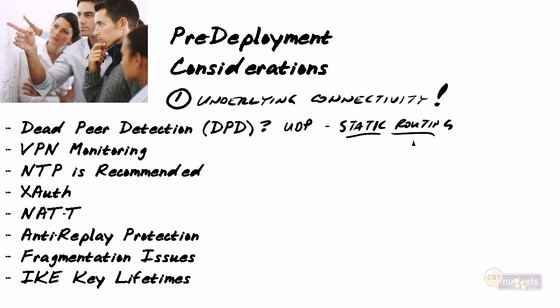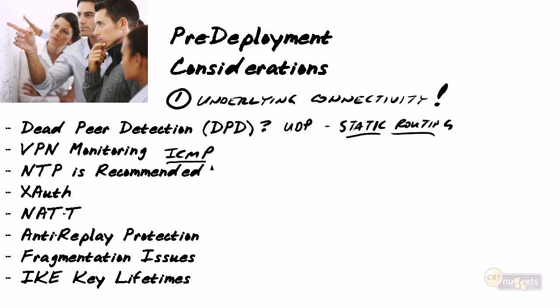We also want to ask, how are we going to monitor this particular configuration? There is no built-in monitoring in IPsec, but you can use ICMP to tell you if the VPN is up and running. So the VPN monitoring feature will let the SRX send ICMP traffic either to the peer gateway or to some other destination as well. Now, by the way, the configuration of all of these things is really beyond the scope of this JNCIS security, but these are still considerations that you need to be aware of.